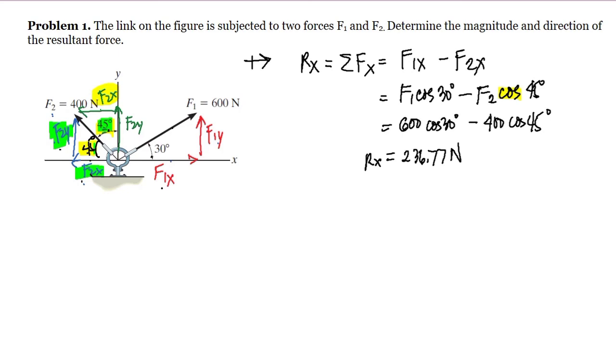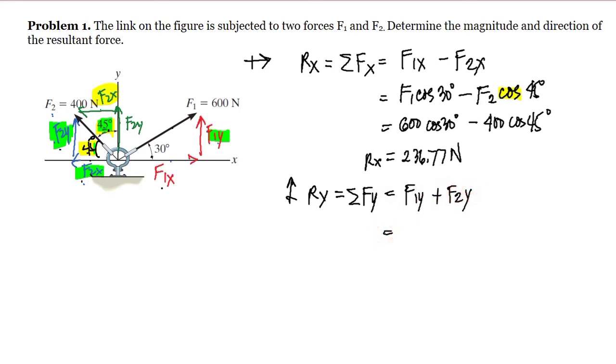And if we are going to compute for the y component of the resultant force, we have Ry equal to the summation of the forces along the y direction, and we will be taking the upper direction as positive. As you can see here, both F1y and F2y are positive. So we have F1y plus F2y.